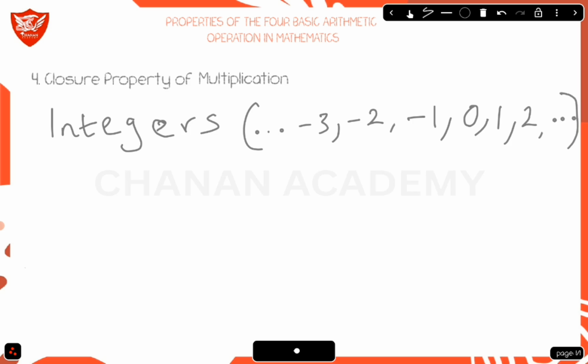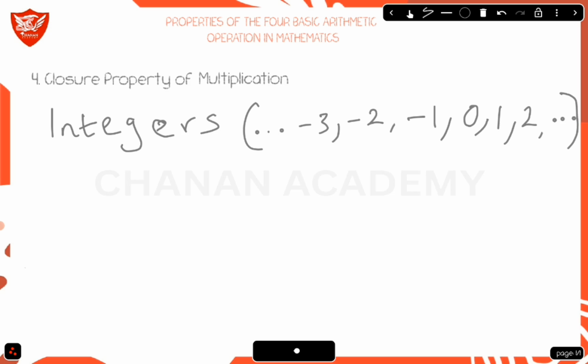Because of the space, I took out the 3, but we have 3, 4, 5, 6, and so on. So let's check if multiplication is closed under integers.